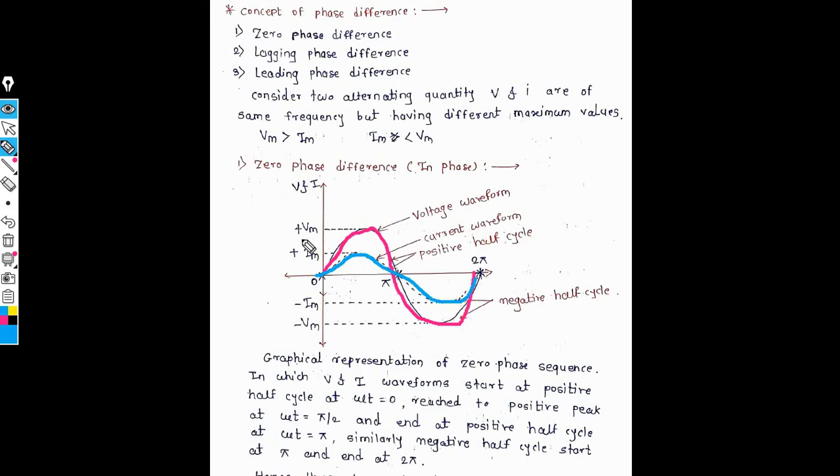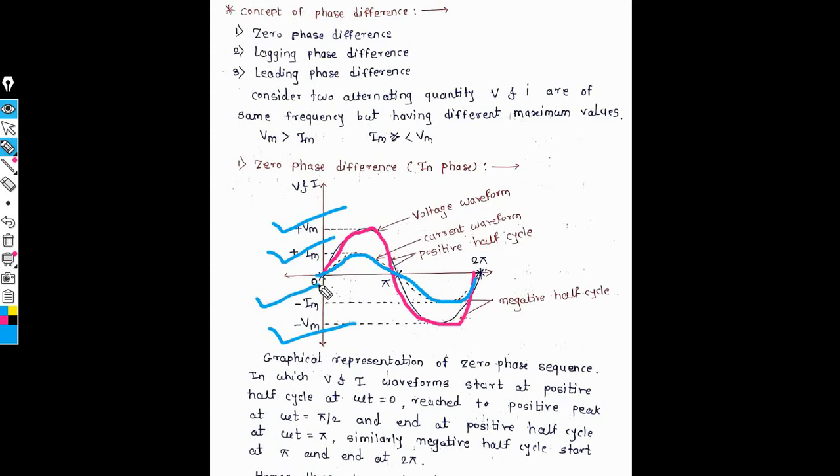Here, positive Vm means positive maximum voltage and Im means positive maximum current. Negative Vm means negative maximum voltage and Im means negative maximum current.